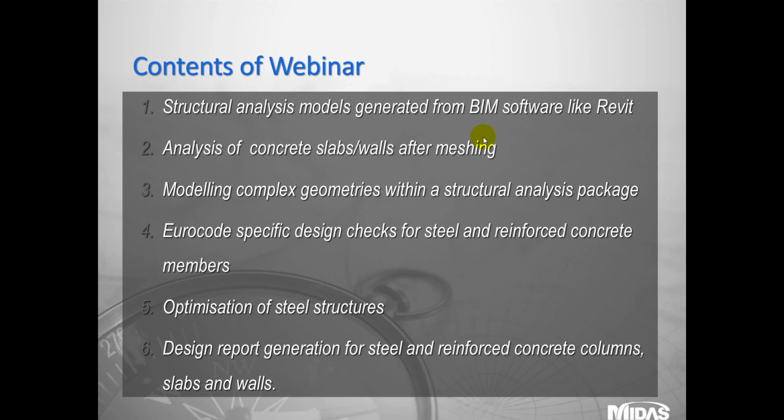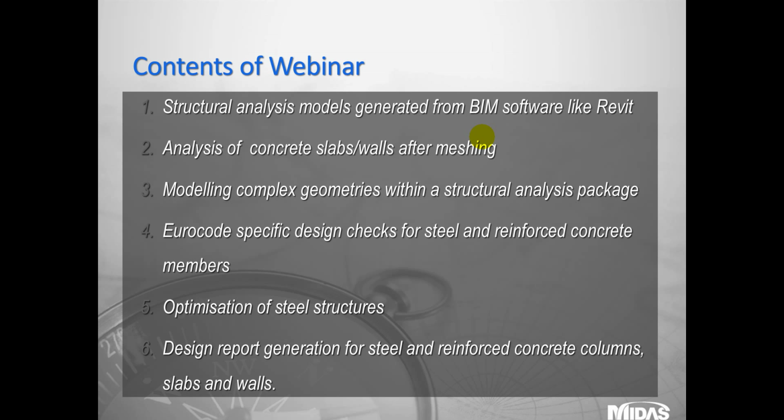So just want to briefly touch on what we're going to go through today. We're going to start from 1 and go all the way down through 6. We're going to focus on the structural analysis models generated from BIM software like Revit. So we will be taking 2 Revit models over from the software, one steel structure and one concrete structure. Then we'll be carrying out the analysis of a concrete slab and walls after meshing, which is also the Revit model.